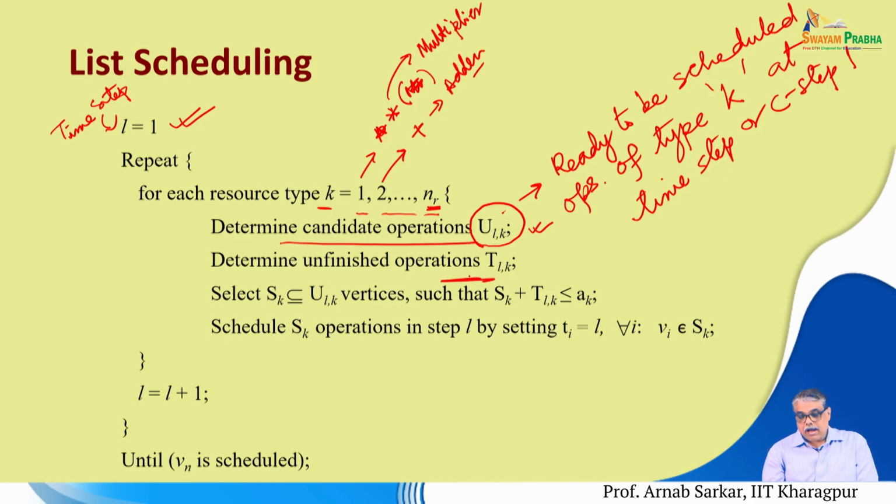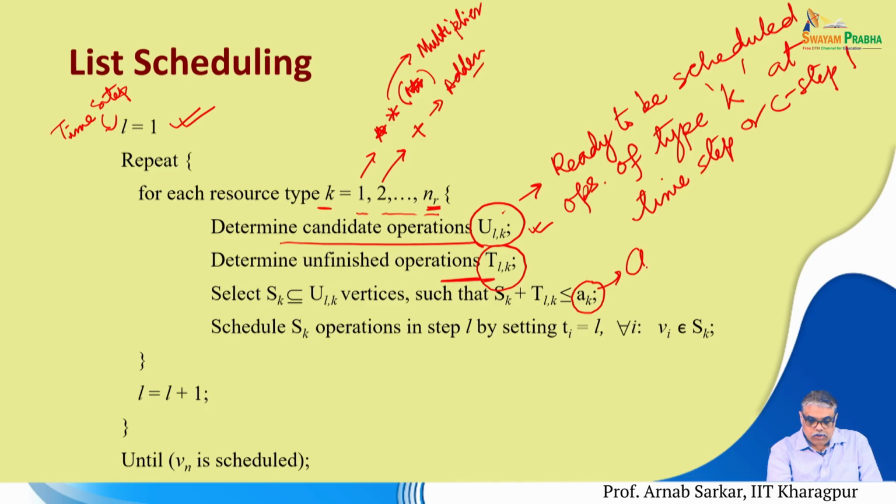Some of the resources of type k will be used up by unfinished operations. So, you have TLk operations of type k which are unfinished, currently running and hence occupying the resources of type k, and you only have a certain number Ak of resources.